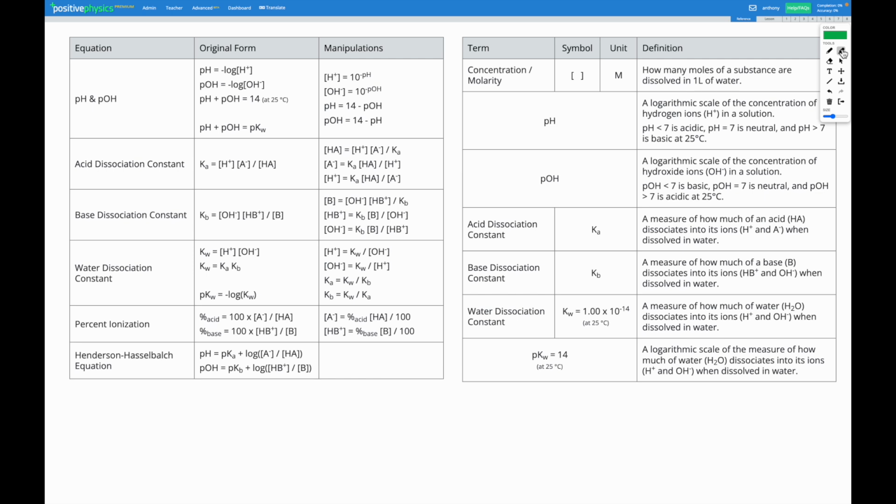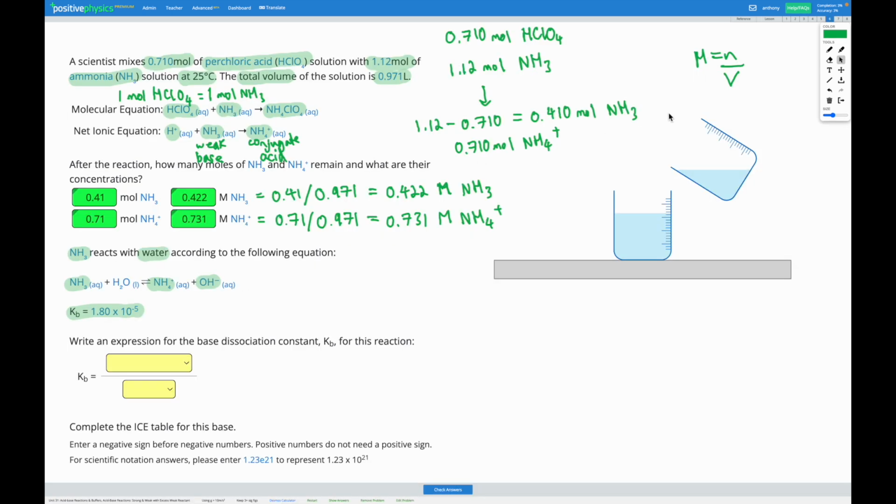Here on the acids and bases reference sheet, we can see the base dissociation constant, Kb, is OH minus times the concentration of the conjugate acid divided by the concentration of the base. So it's going to be concentration of OH minus times the concentration of the conjugate acid divided by the concentration of the base.